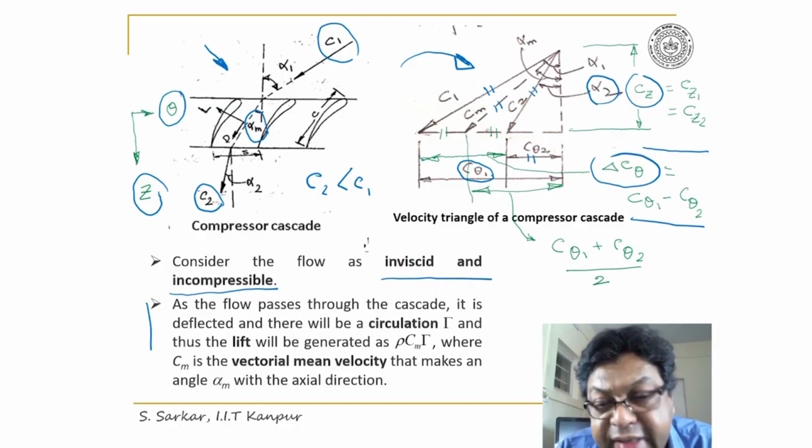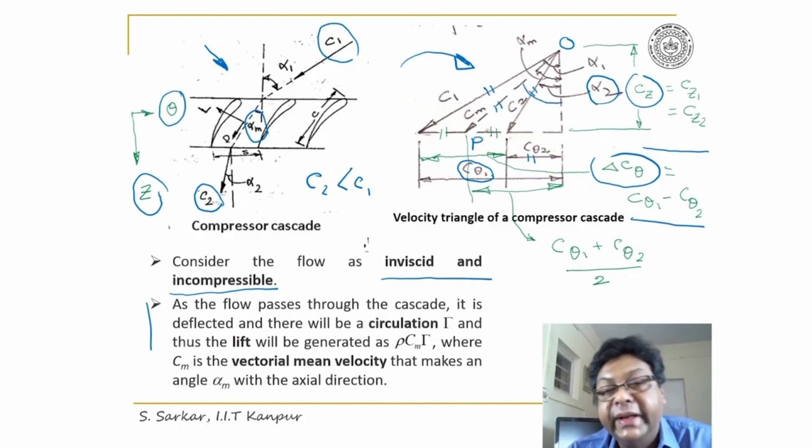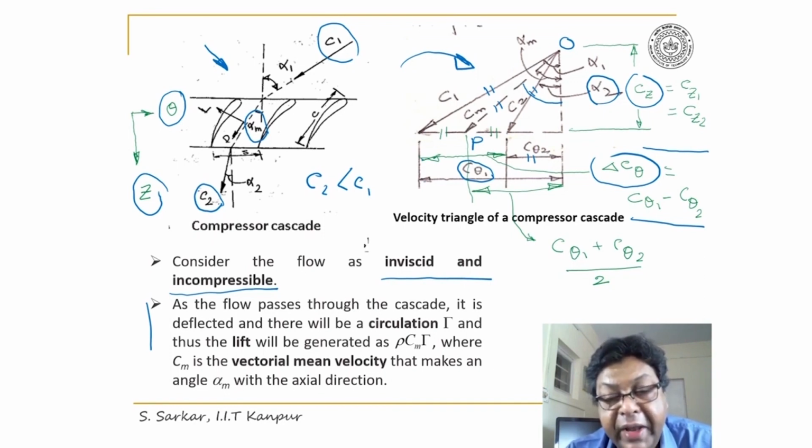Now if this line segment is divided equally, then P is the point that divides del C theta equally. If I join O and P, that will be my vectorial mean velocity that makes an angle alpha m with the z-axis. Thus, I have defined the vectorial mean velocity and its alpha m.